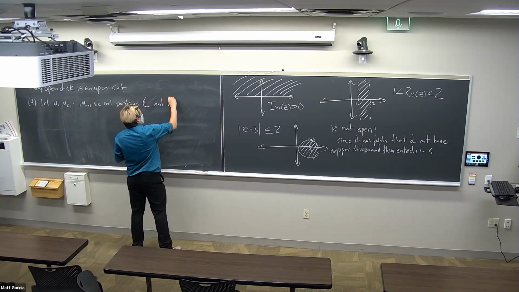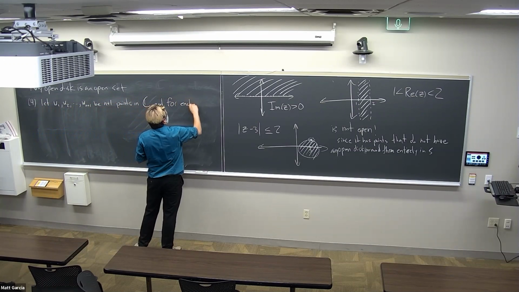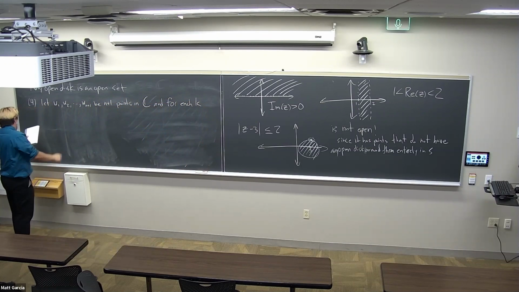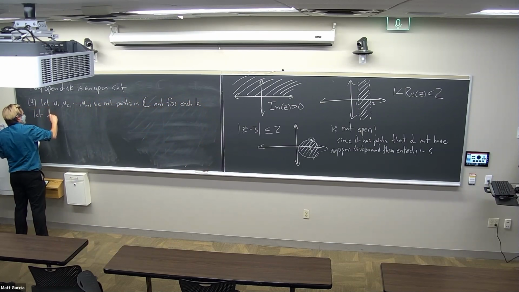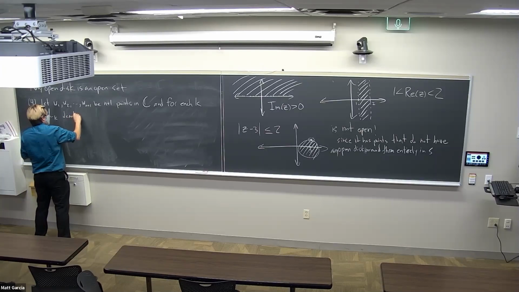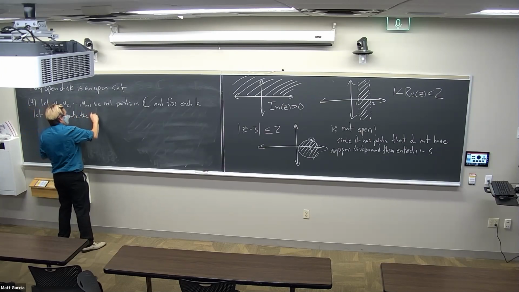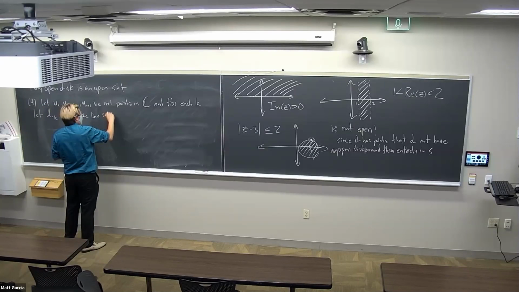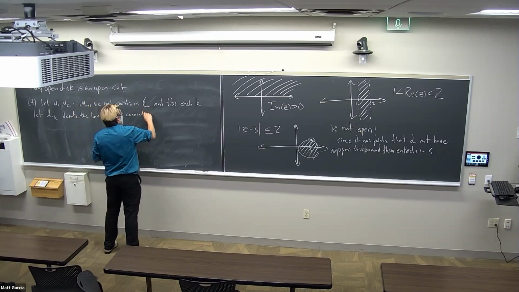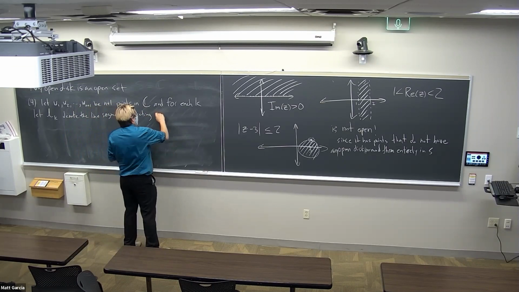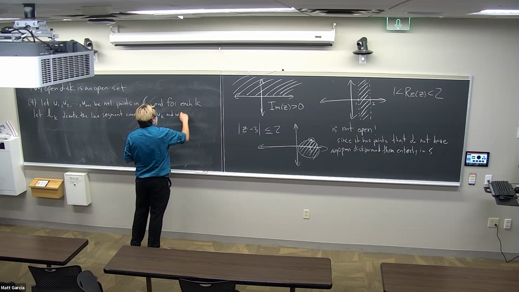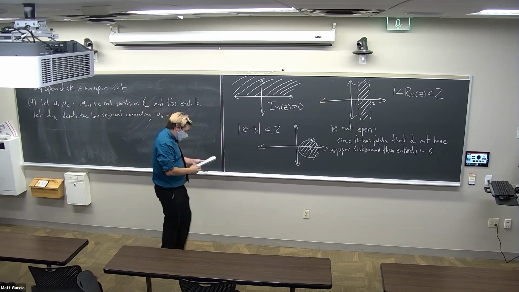And for each k, let L sub k denote the line segment connecting W sub k and W sub k plus 1.